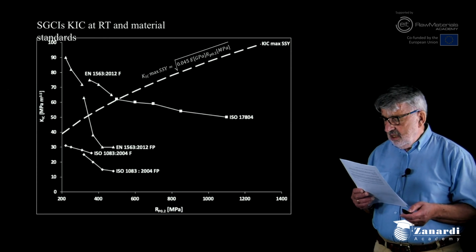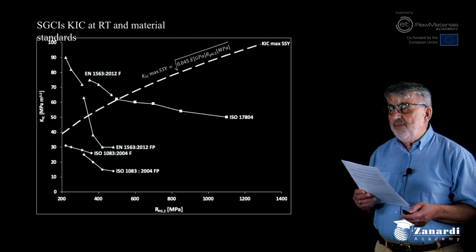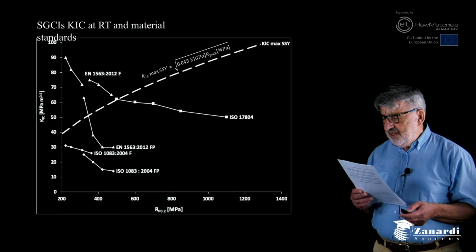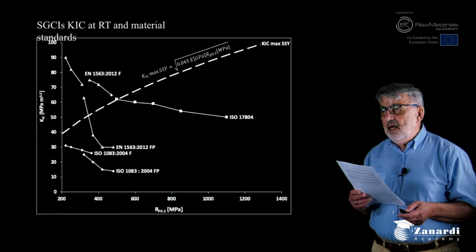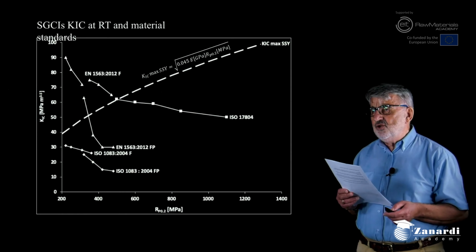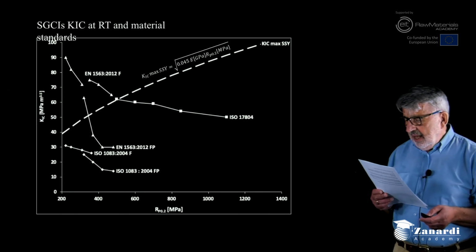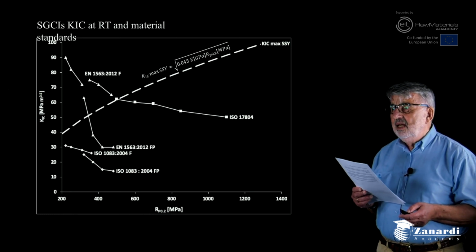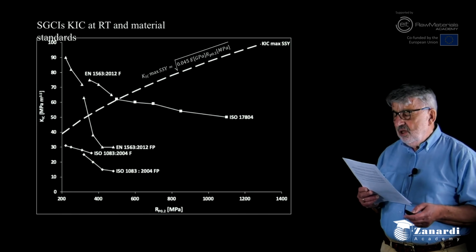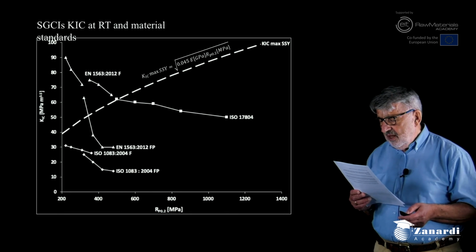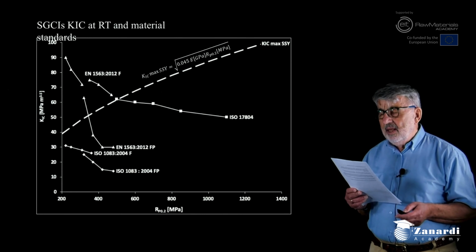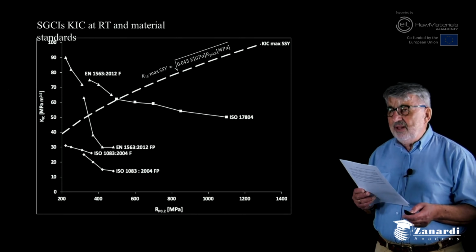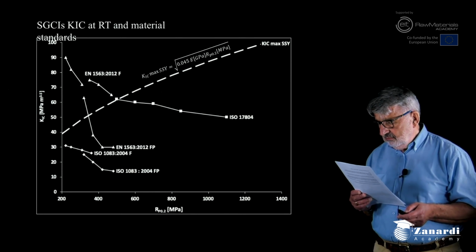Values in ISO 1083, which was existing in 2004, and EN 1563, existing up to 2012, were cancelled, being very different between each other.